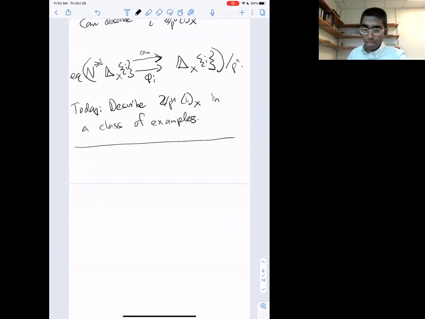Okay, so how might we try to understand these objects Z mod p^n twisted by i sub X? As I said, if you restrict to the locus where p is invertible, you get the usual Tate twists.